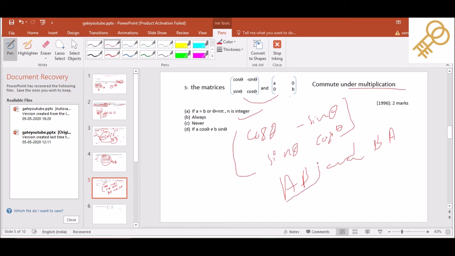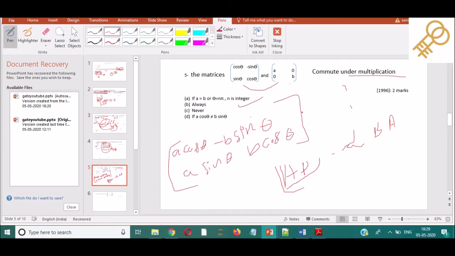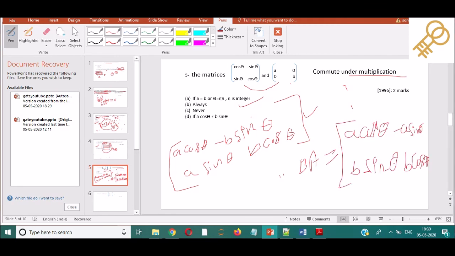So if you try to find A dot B, you will get this matrix. And when you try to find BA, you will get this. This is AB, and BA will be this. So these are their matrices.